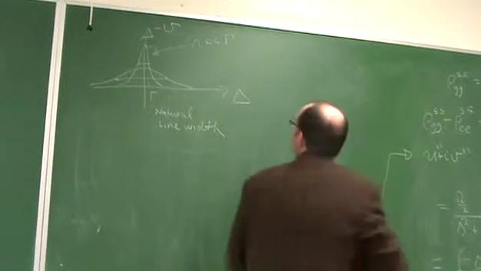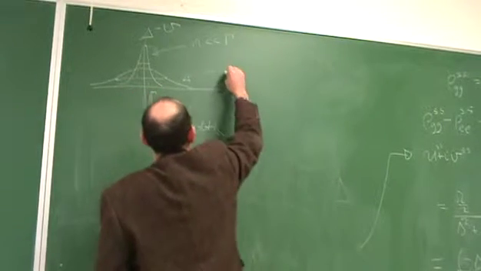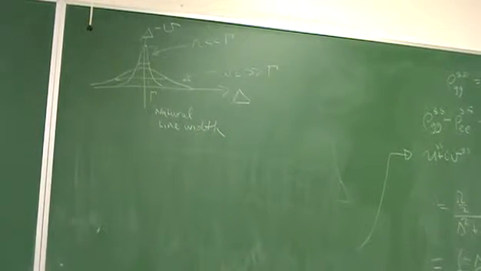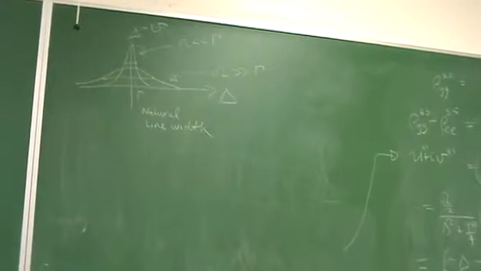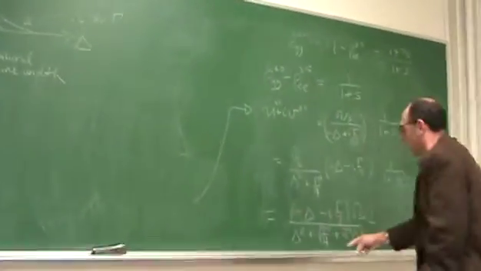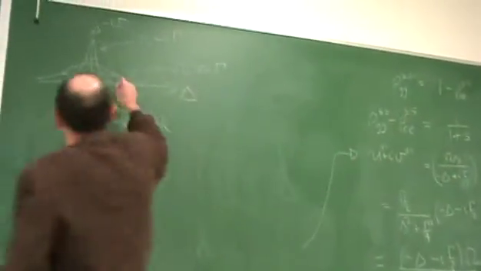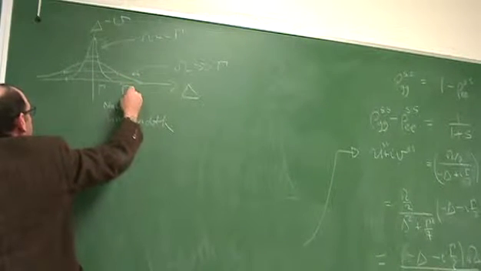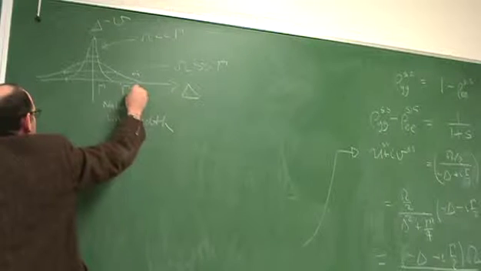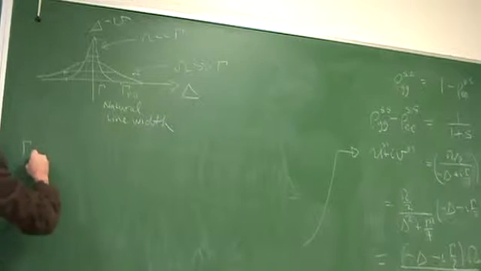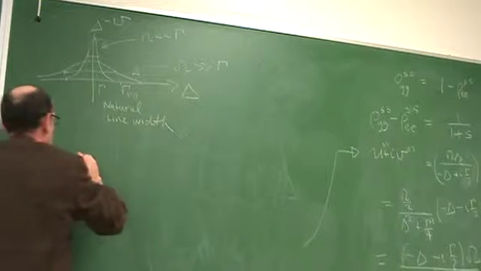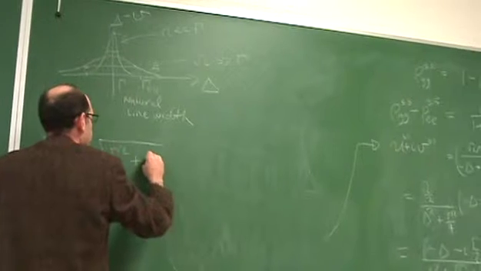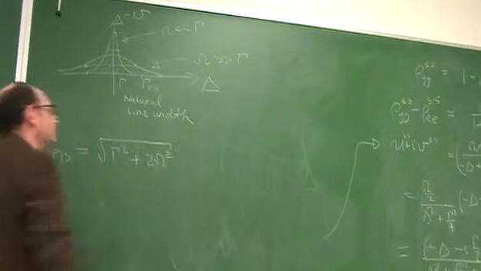However, when I start cranking up the saturation parameter, when omega is big, then this thing has its full width at half maximum broadened. I'll call it gamma PB, where gamma PB is equal to the square root of gamma squared plus 2 omega squared.